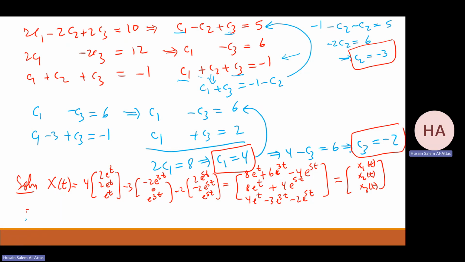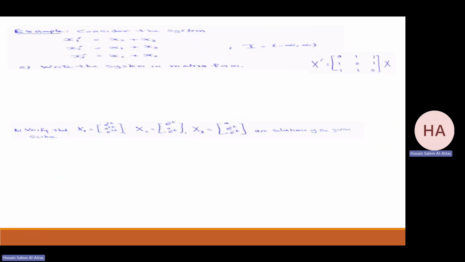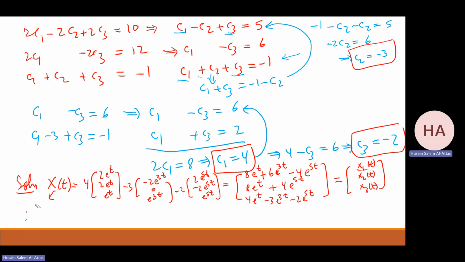If I write x of t as functions, x1 of t, x2 of t, x3 of t, then this is the first function, this is the second function, this is the third function.